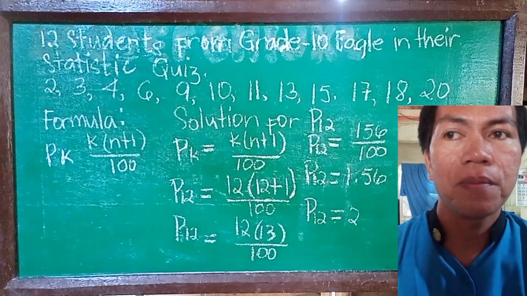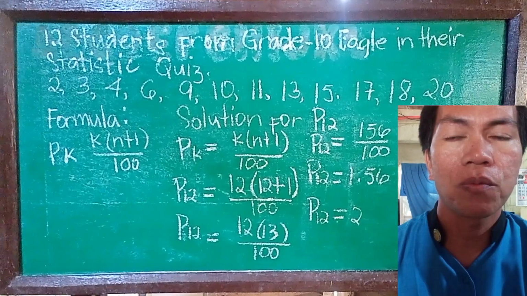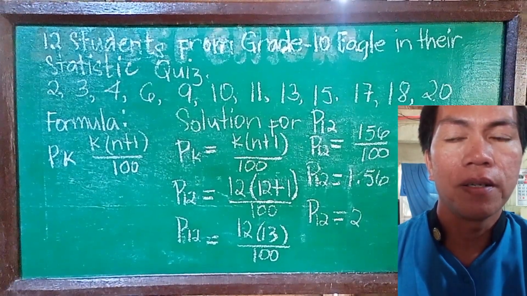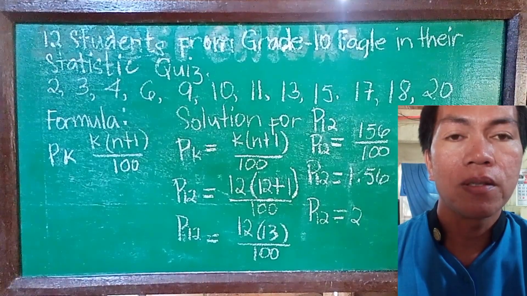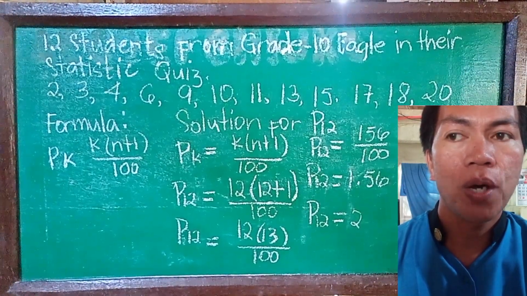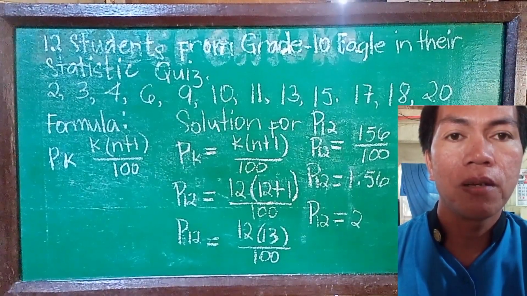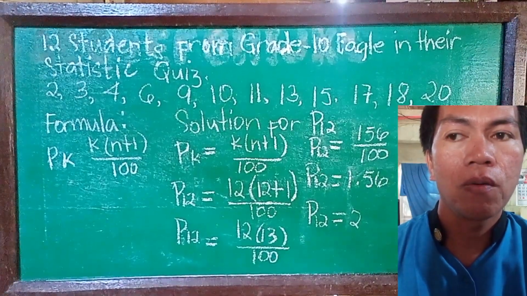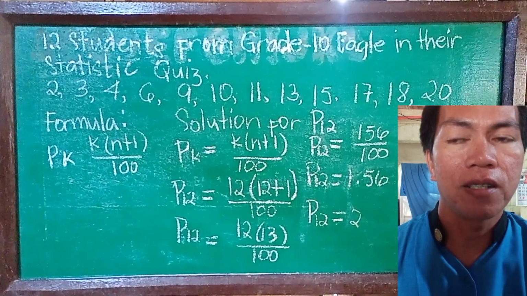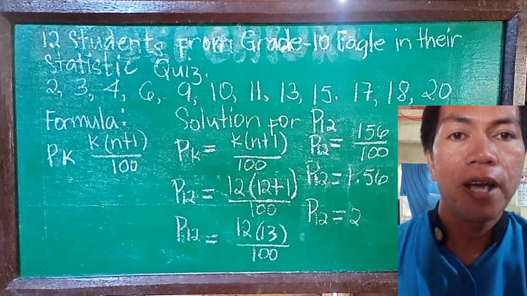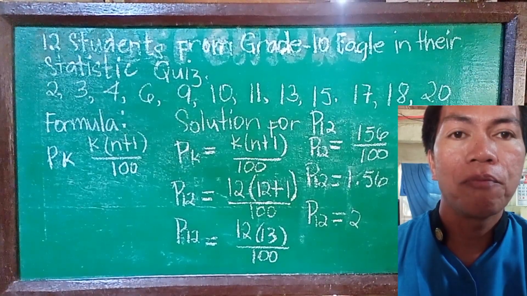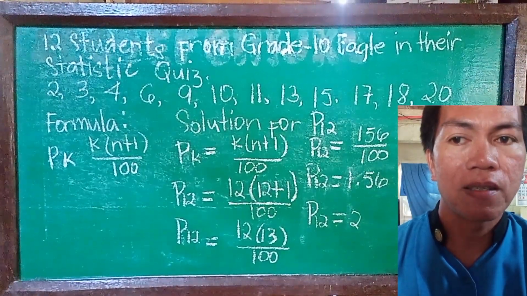So we have P sub 12 equals 12 times the quantity of 12 plus 1 divided by 100. Then 12 plus 1 is equal to 13, and P sub 12 equals 12 times 13 divided by 100. So 12 times 13 equals 156, and divided by 100. So we have P sub 12 equals 1.56.